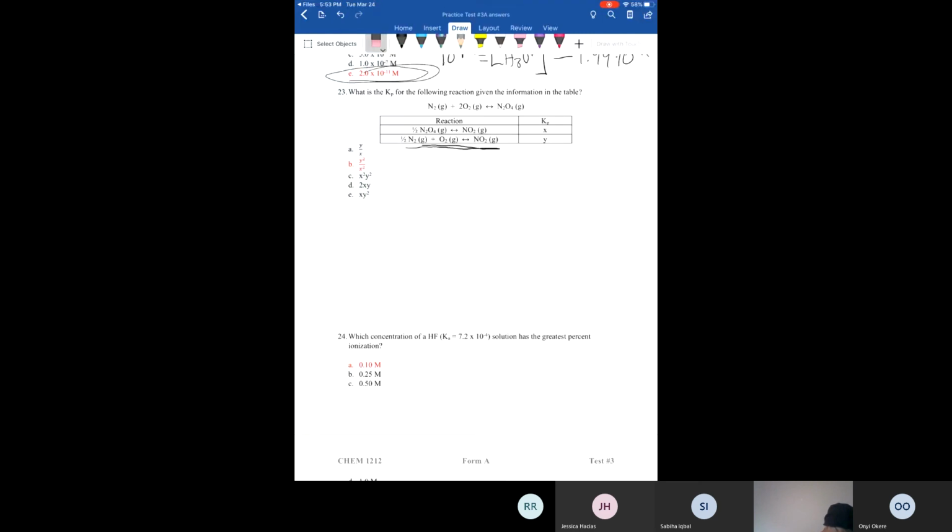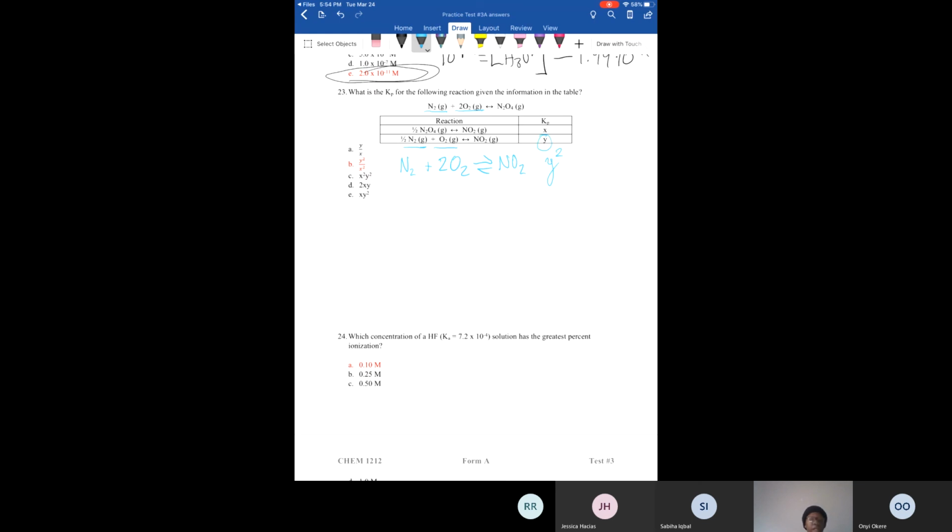First, looking at either your product or your reactants, let's just start with the reactants. N2 is in the right place, O2 is also in the right place. What's wrong is that their concentrations are 2 times less than they're supposed to be. So let me fix that. Now I have N2 plus 2O2 gives me NO2. And when I do that, I have to square my equilibrium constant because I doubled everything.